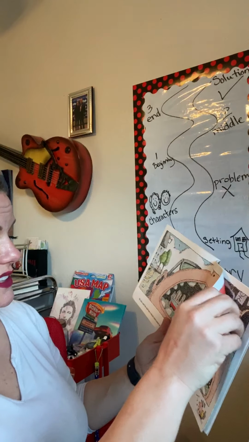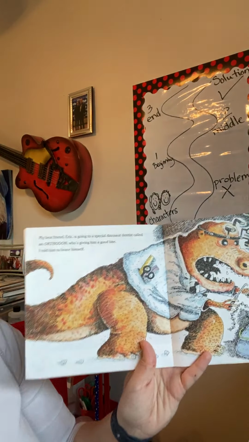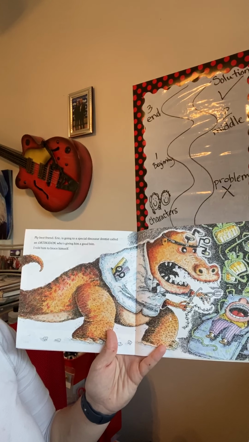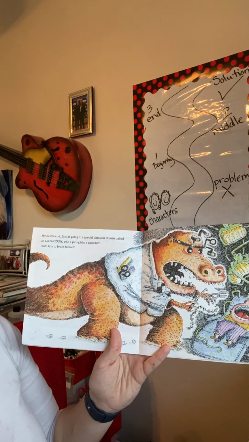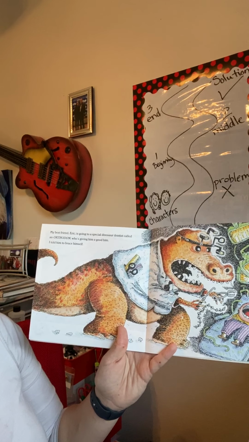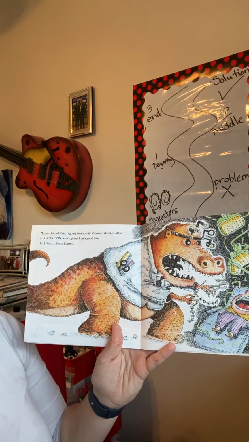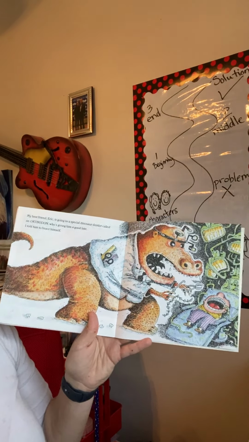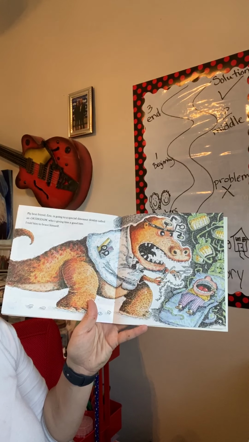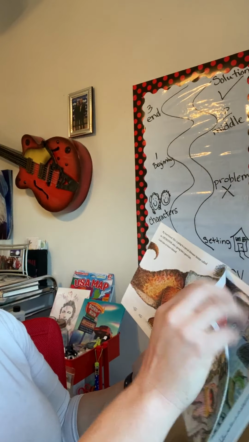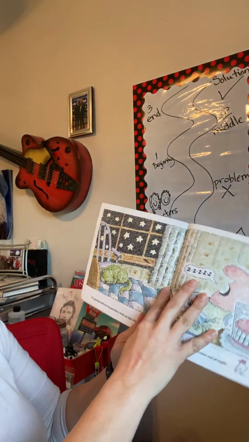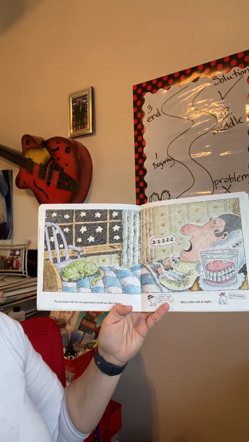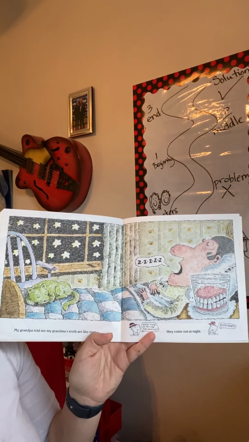Oh my goodness. My best friend Eric is going to a special dinosaur dentist called the Orthodon, who's giving him a good bite. I told him to brace himself. My grandpa told me my grandma's teeth are like stars. They come out at night.